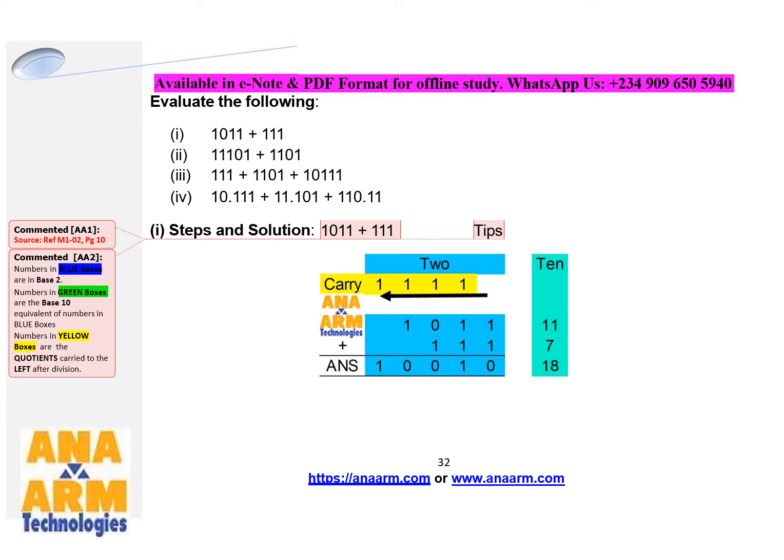Now the first example, the steps and solutions are as follows. You should always look at the far left of this video. You will see some tips already mentioned at the beginning of the video. The first thing you have to do in the addition of binary numbers is to arrange the given numbers in a proper order.